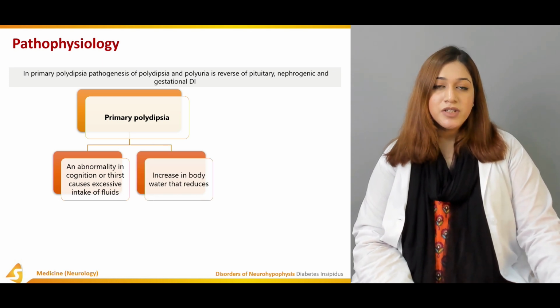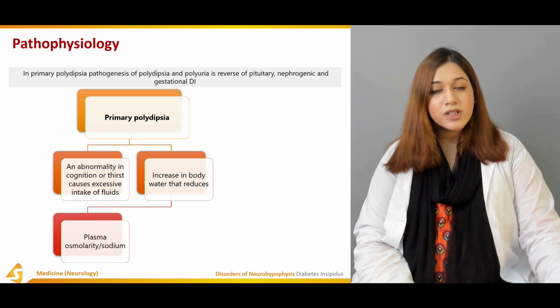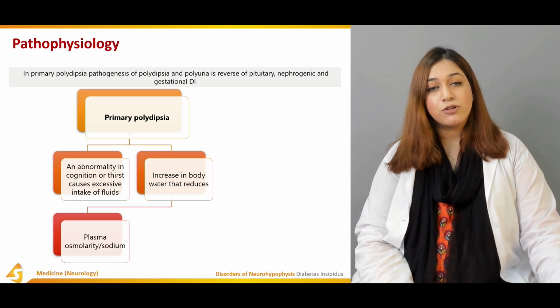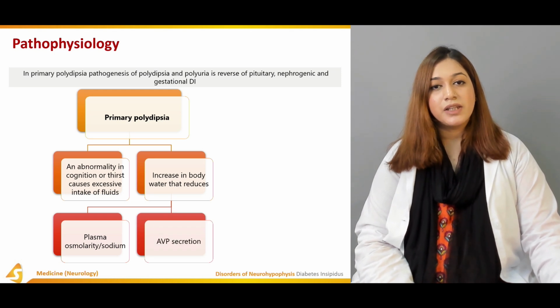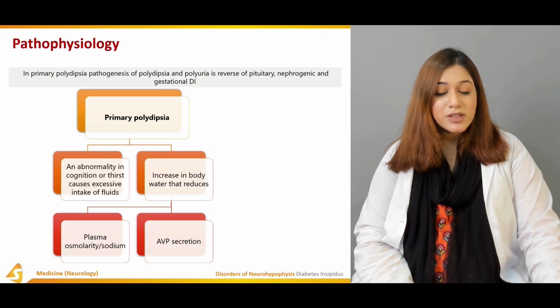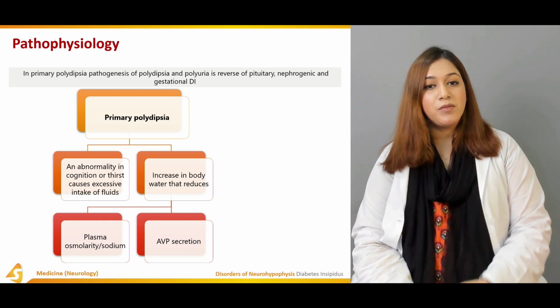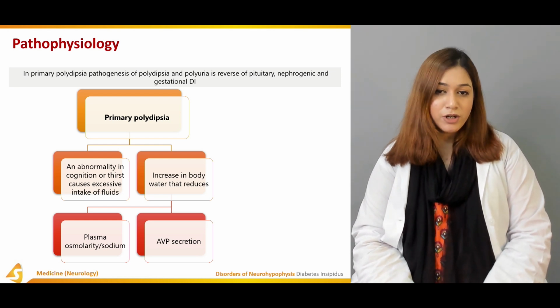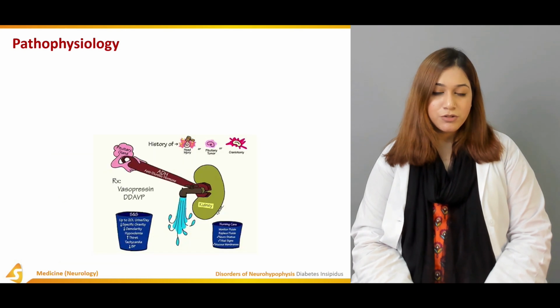Due to the excessive intake of fluids, there will be an increase in body water that reduces the plasma osmolarity and sodium, and there will be a decrease in AVP secretion. That reduces the plasma osmolarity and sodium, which results in suppressed AVP secretion in case of primary polydipsia. And when there is AVP suppression, there will be resultant urinary dilution.